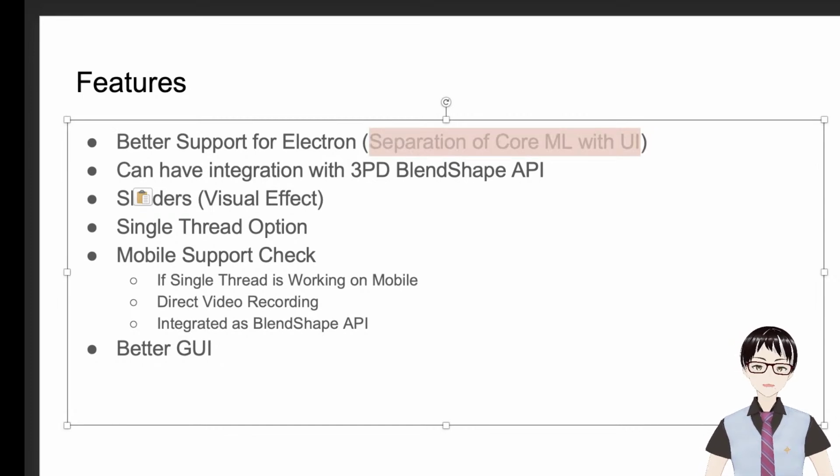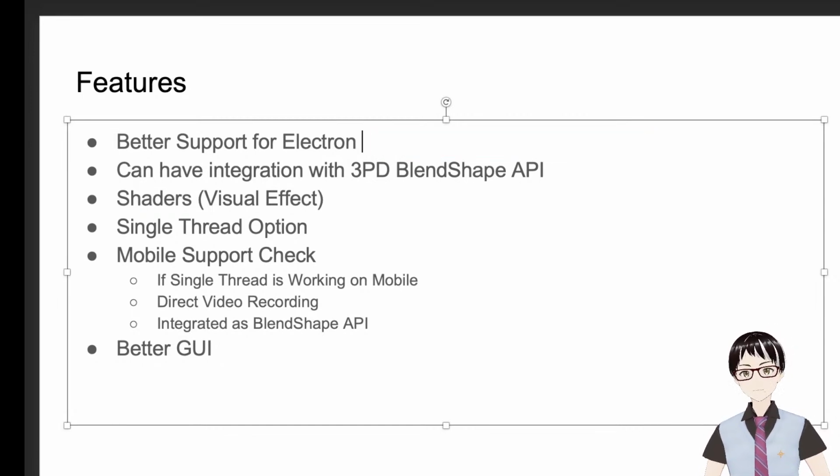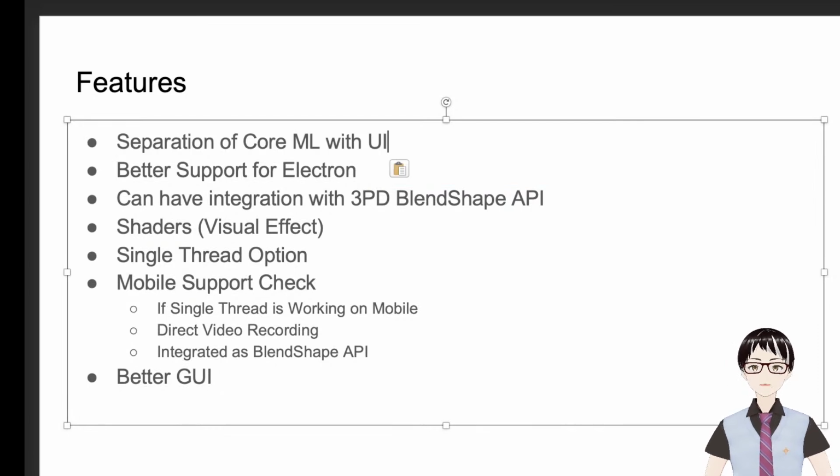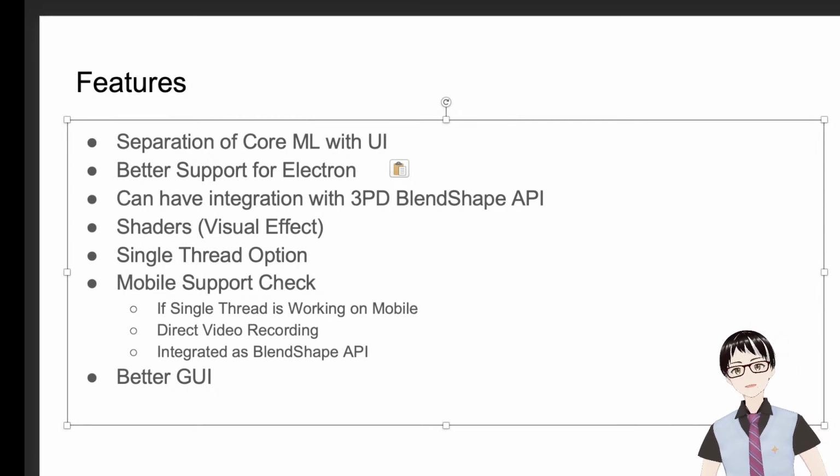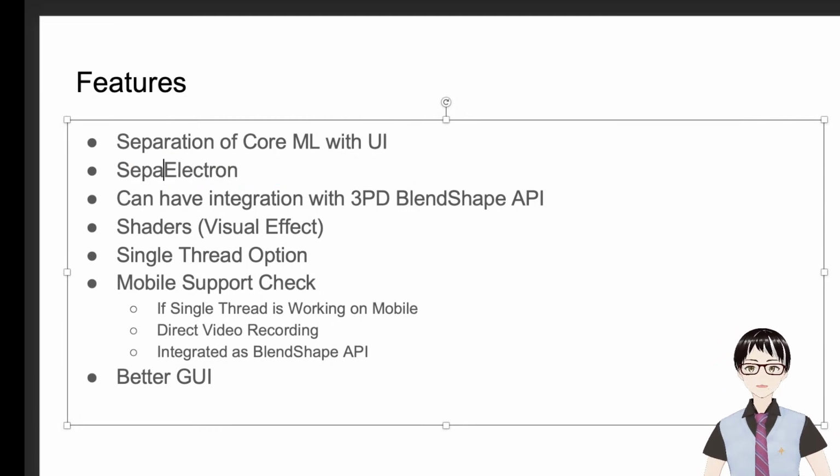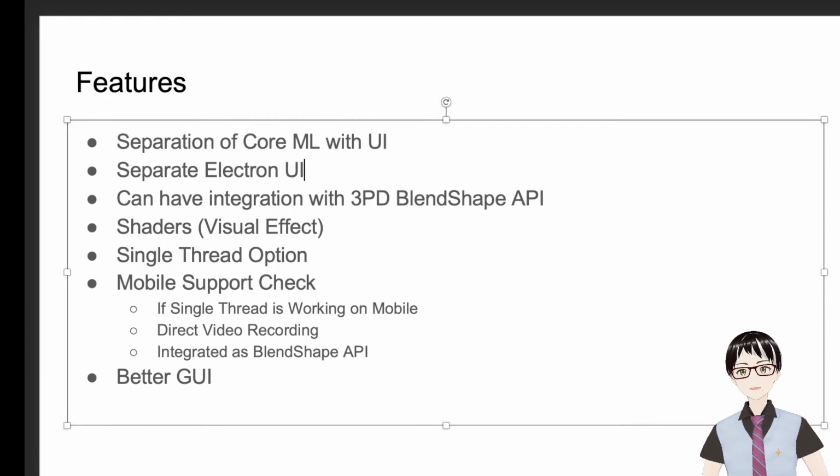Let's separate this out. Right, separate the ML core with UI. Better support for Electron, let's put it as separate Electron UI from the web.